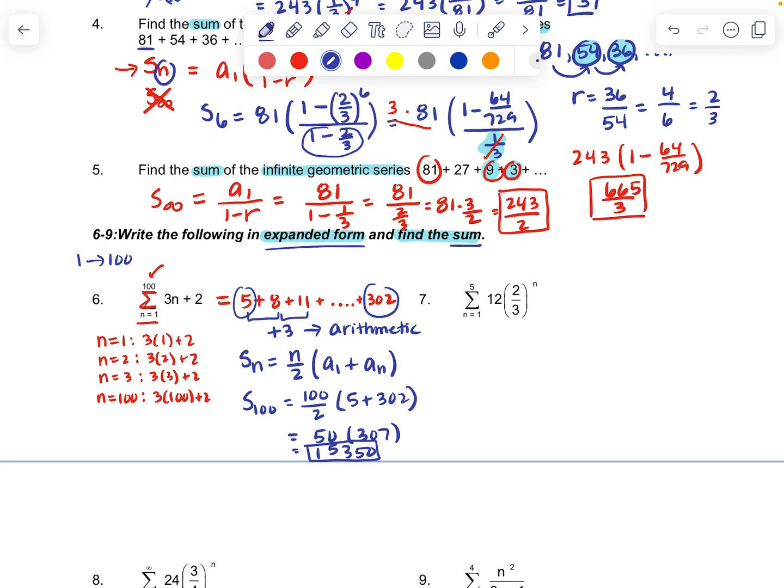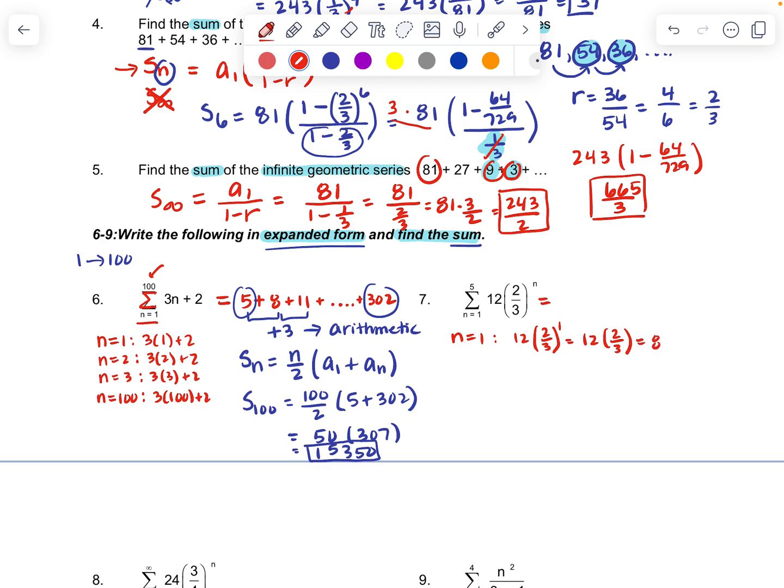Now let's look at number 7. You guys, again, on this one, it says write in expanded form. Give me the first couple terms. Okay. So if I plug in n equals 1, I'm going to get 12 times 2/3 to the first power. So this really just equals 12 times 2/3, which is 24 over 3, which just equals 8, okay?